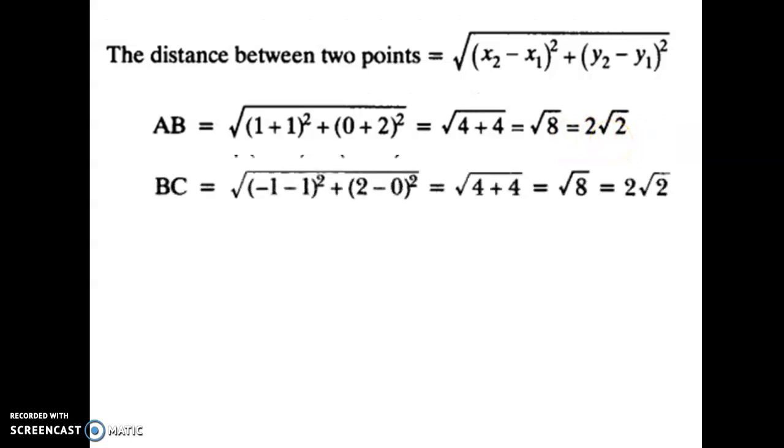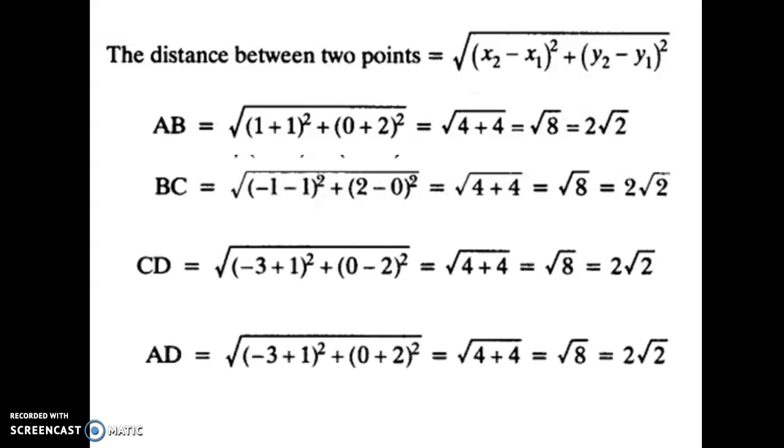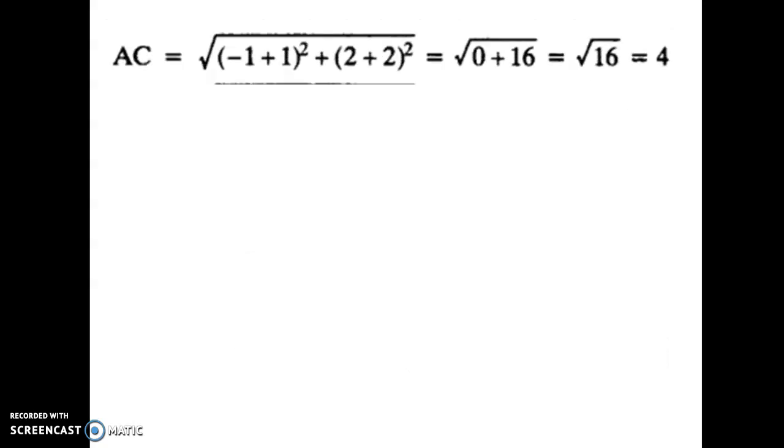Similarly, you have to find out for BC, then CD, then AD. What you observe is all the distances are the same. All are 2 root 2. So all 4 sides are equal. Now we have to check with the diagonals. Diagonal AC. So you substitute the AC values.